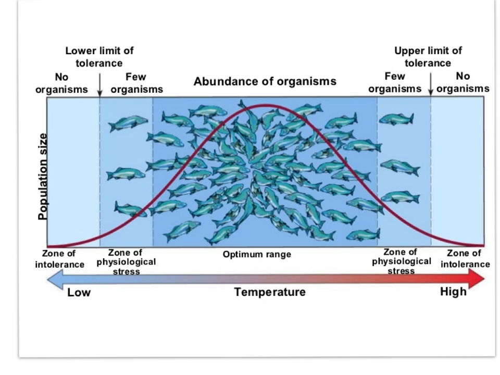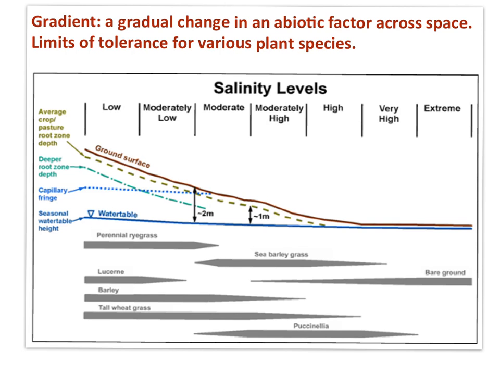This diagram visually displays the number of fish as a function of an abiotic variable, temperature. These extremes of temperature put the species in zones of stress, while this range of temperature is optimum. This diagram displays a gradient of salt from low salt on the left to high salt on the right.